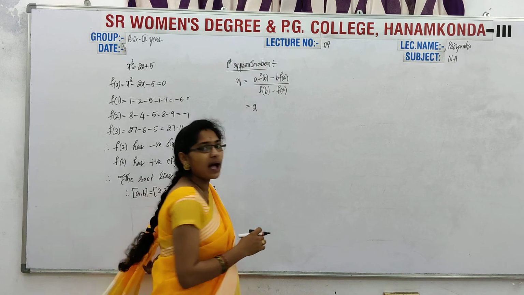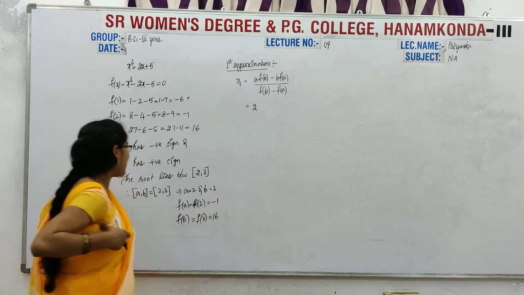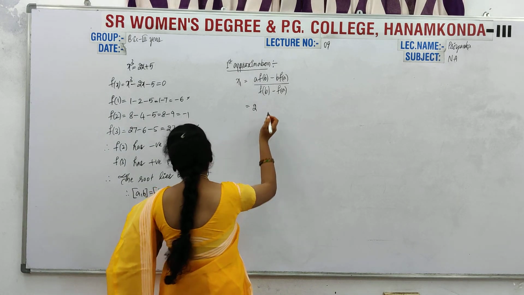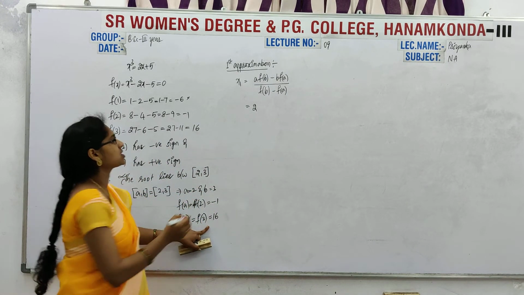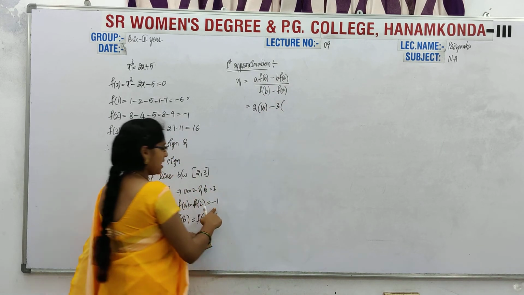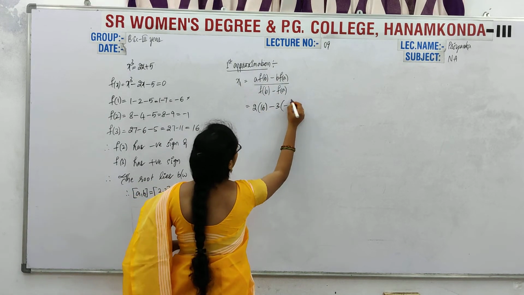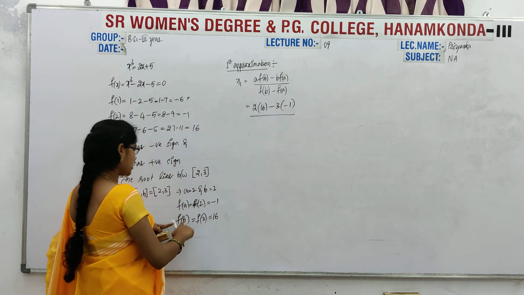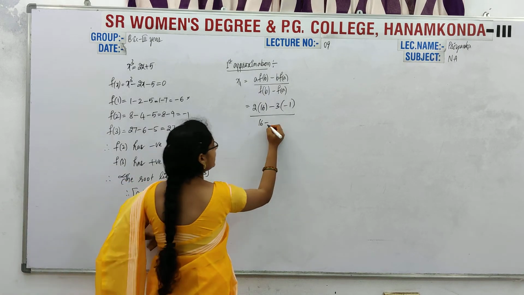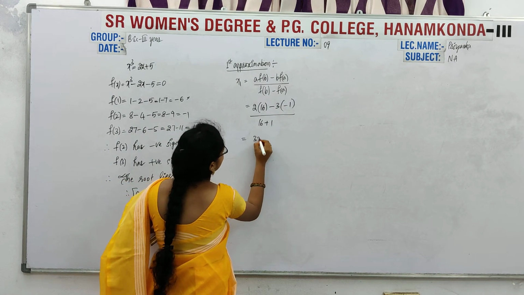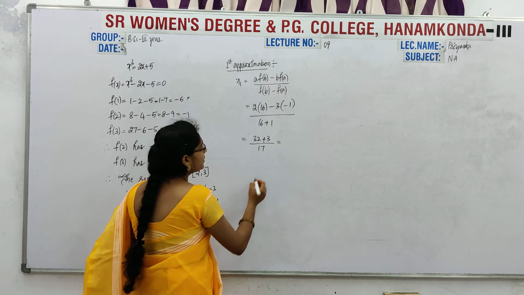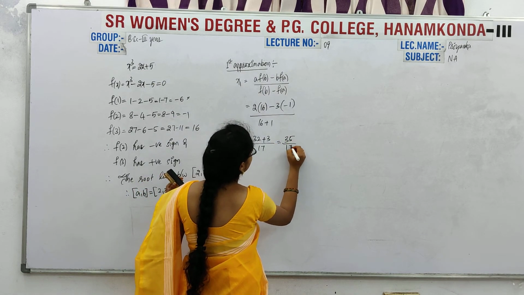Now I have each and every value like a, f of a, b and f of b, so I am going to substitute. 2 into 16 minus 3 into f of a, which is minus 1, by f of b, which is 16, minus f of a, minus 1 means plus 1. Now 32 plus 3 is 35, by 17.